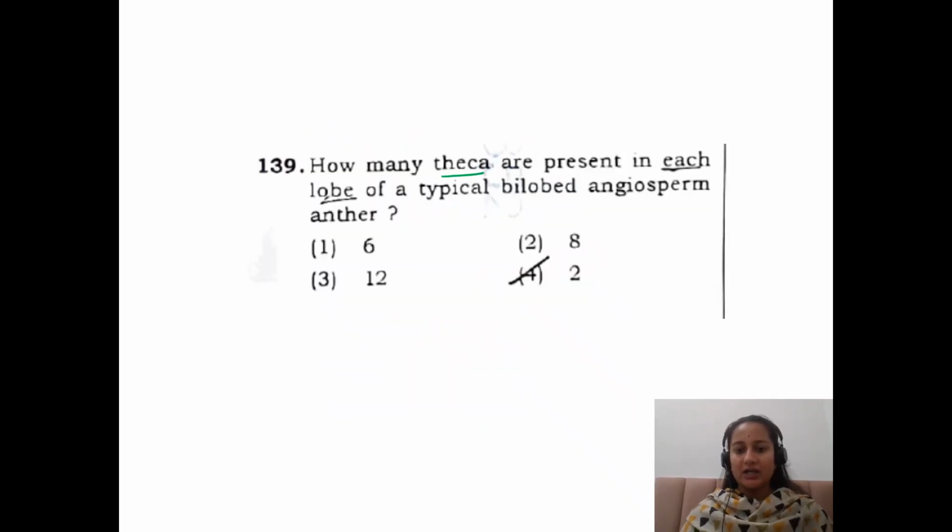How many theca are present in each lobe of a typical bilobed angiosperm anther? This question is from sexual reproduction in flowering plants. If you observe, an angiosperm will have 2 lobes of anther. Each lobe will contain 2 structures.